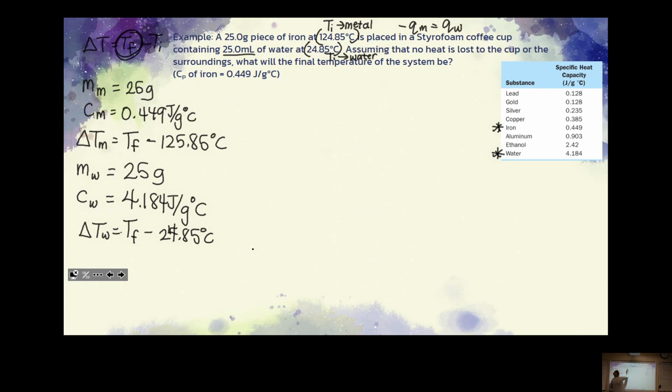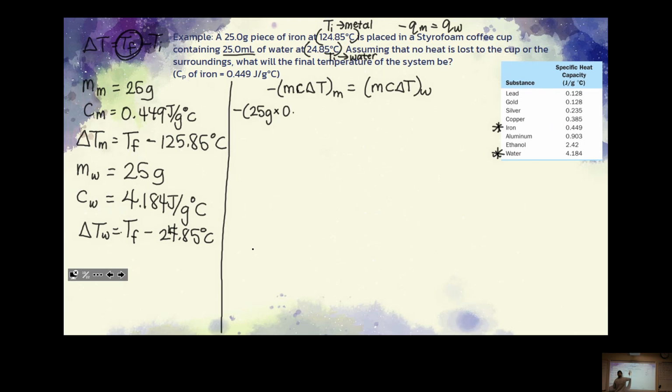Okay, so the equation that we are using just like from before, okay, our metal and our water. So I'm going to go ahead and start plugging some things in. Oh, sorry, this is 124. I wrote that down wrong.